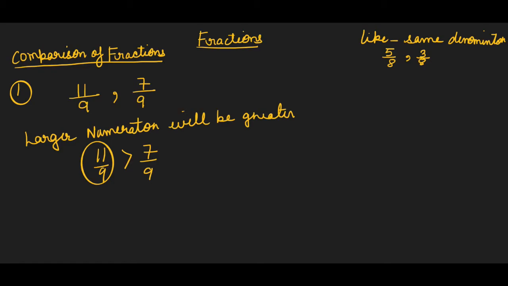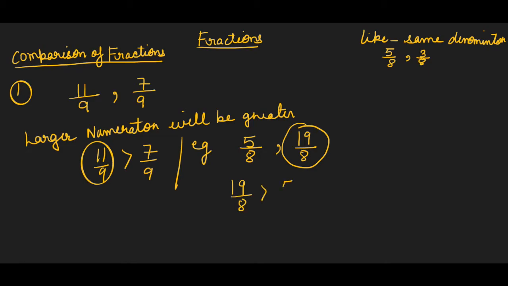We can take one more example, children. If you have 5 upon 8 and 19 upon 8, in this case also this one has the greater numerator. So 19 upon 8 will be greater than 5 upon 8.